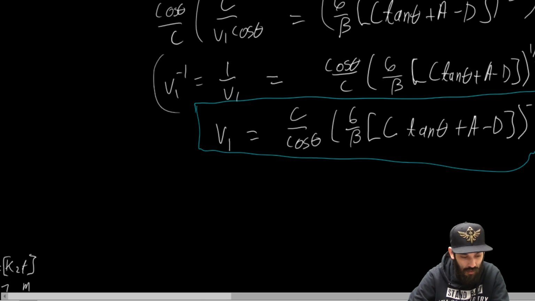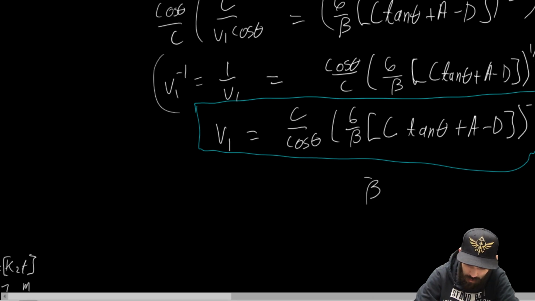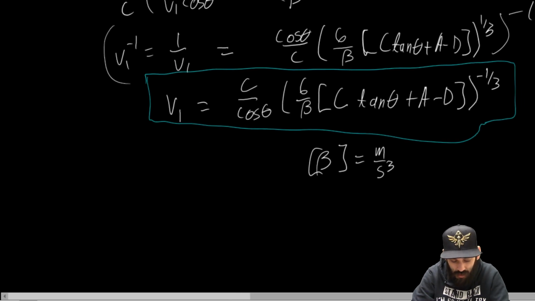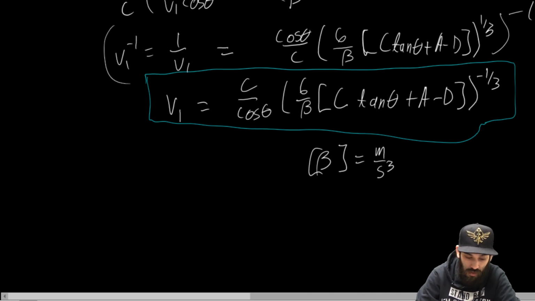So beta has units of meters per second cubed. c, A, and D all have units of meters. So if I look at this whole thing, if I want to know what the units of the left side are, this is going to be units of meters.